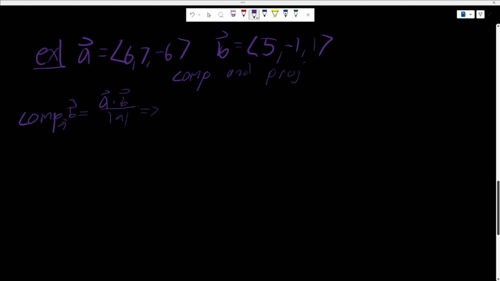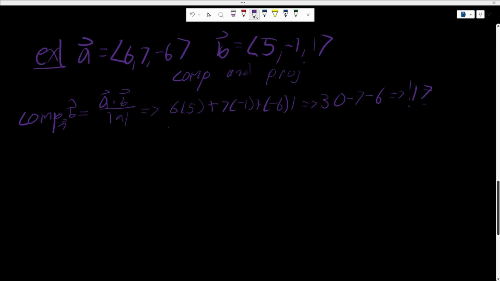So let's find our numerator first. The dot product of A and B, we write that out as 6 times 5 plus 7 times -1 plus -6 times 1. That'll simplify to 30 minus 7 minus 6, and that is equal to 17. So that's our numerator.